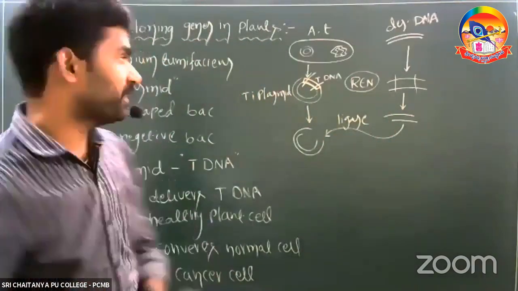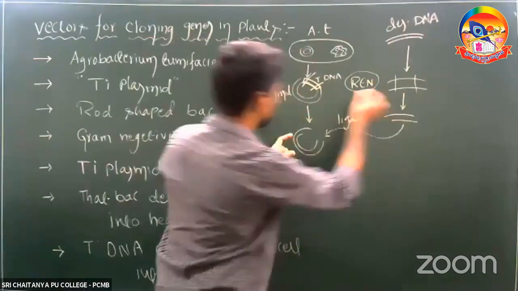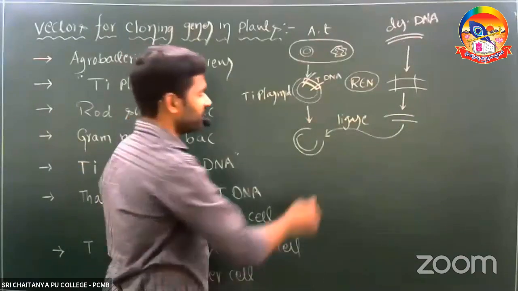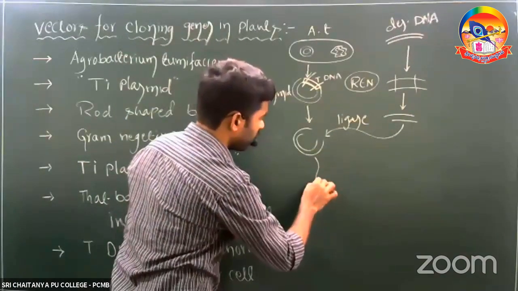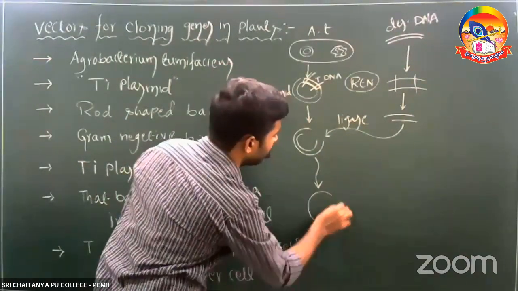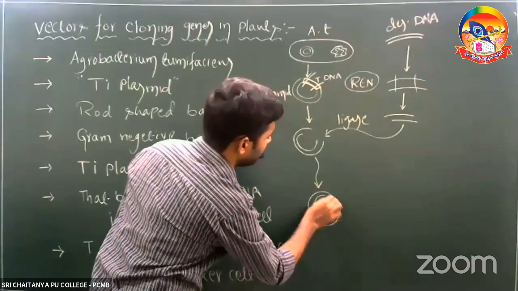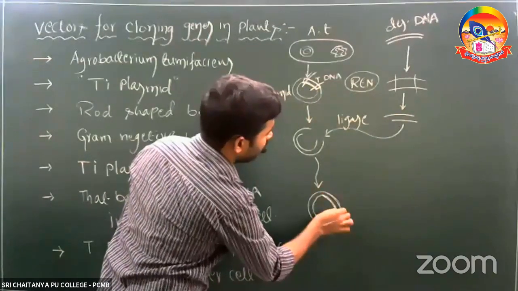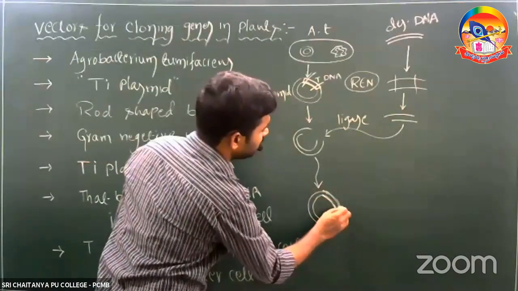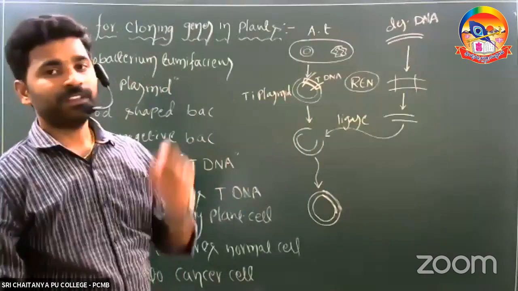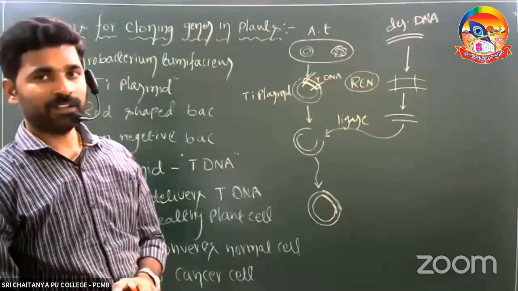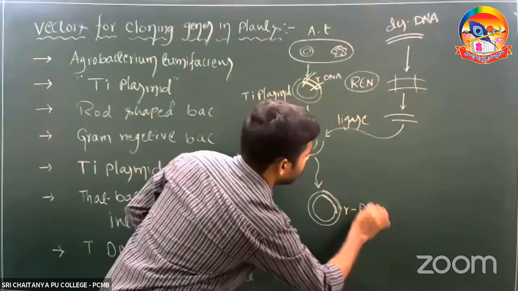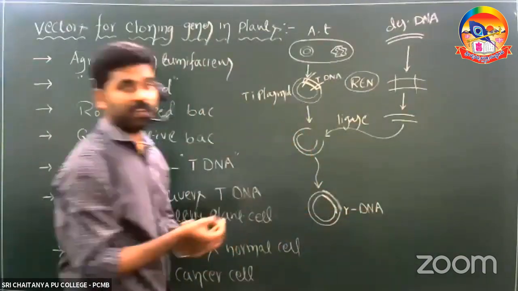When we insert the desirable genetic material into the Ti plasmid using ligase enzyme, it results in the formation of rDNA. rDNA means recombinant DNA. That recombinant DNA includes plasmid genetic material and desirable genetic material. So this is the rDNA molecule, recombinant DNA molecule or chimeric DNA molecule.